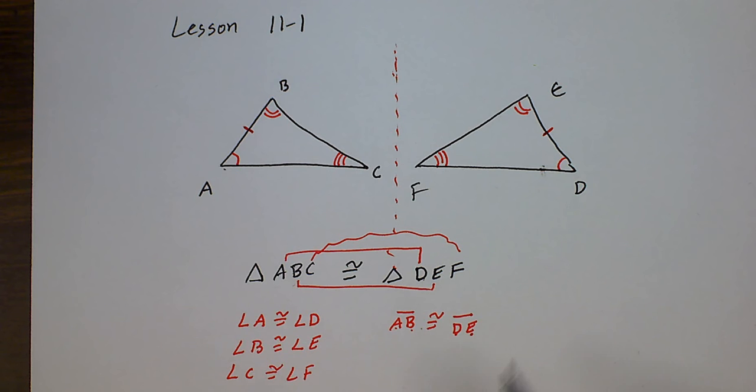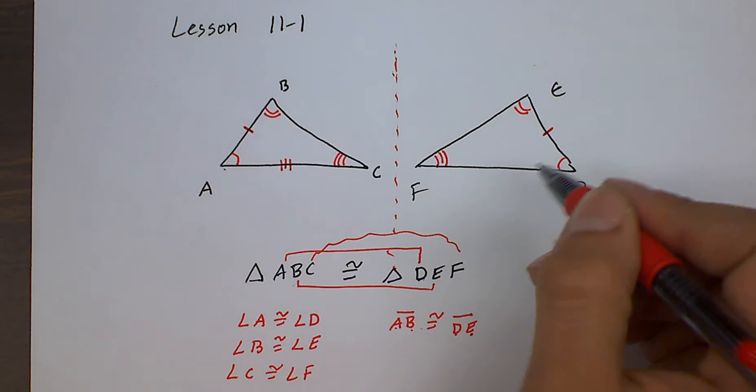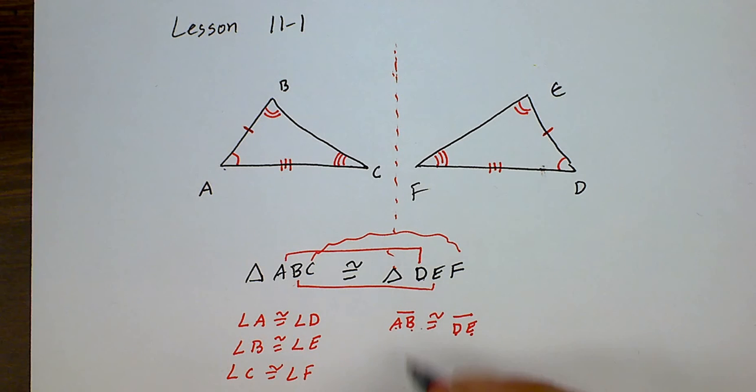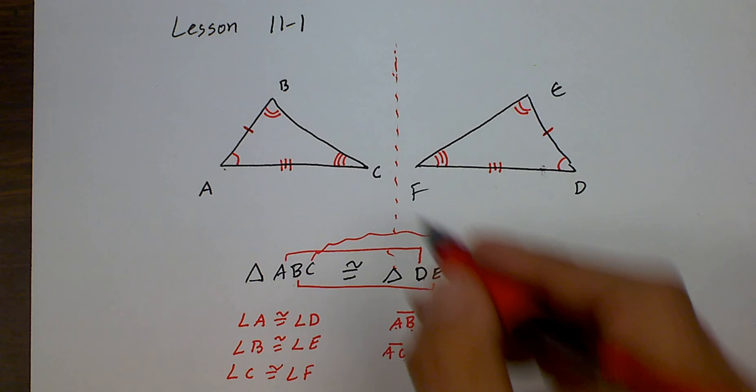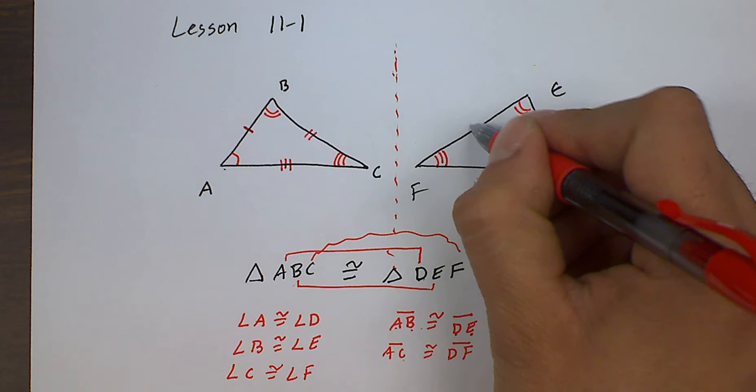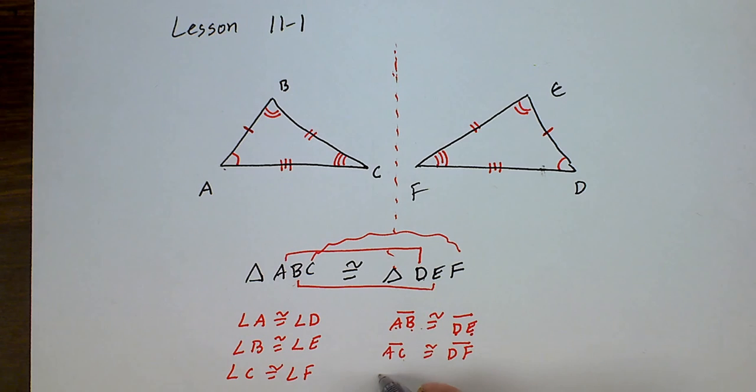Now we can look at AC. AC must be congruent to DF, since A is congruent to D and C is congruent to F. And finally, we know that BC is congruent to EF.